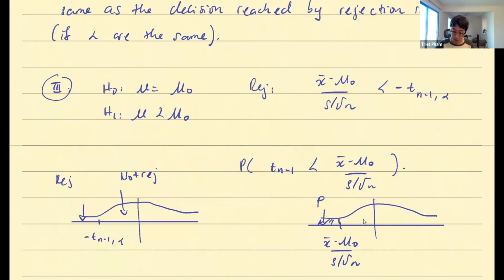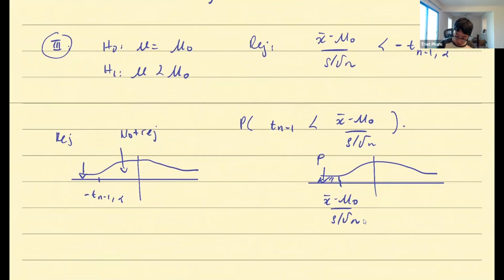So let me ask you this. In this test stat, in 3, is it possible for x bar minus mu naught divided by s over root n to be positive?